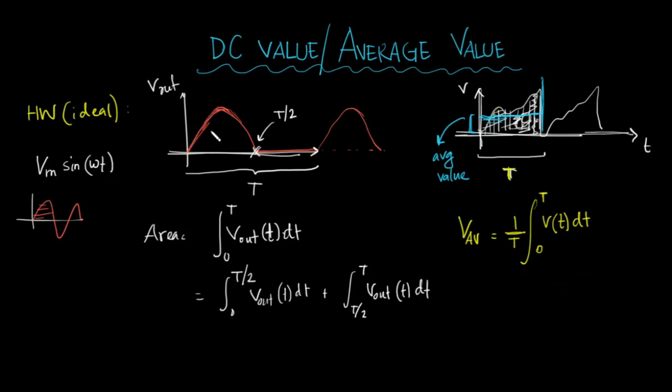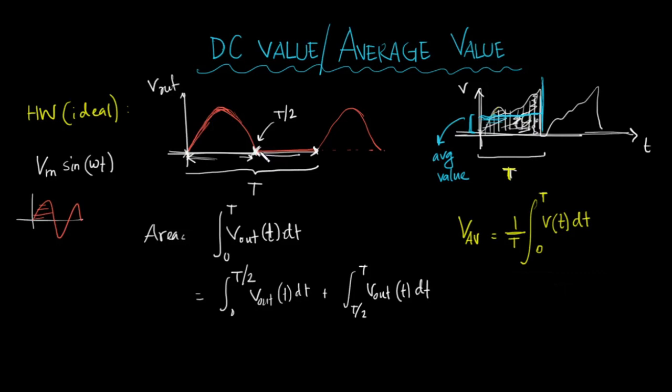Okay, so what this basically means is that we will do this integration by parts. We will first take the first part from 0 to T by 2 and find that area. Then we will again integrate from T by 2 to T and take this area. As you can see, what is the area from T by 2 to T?